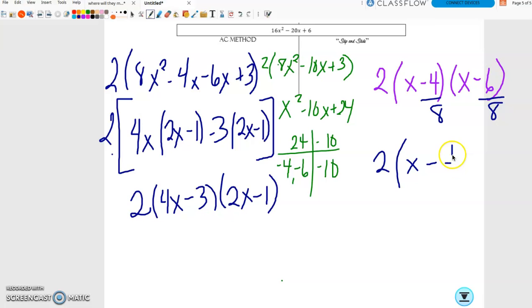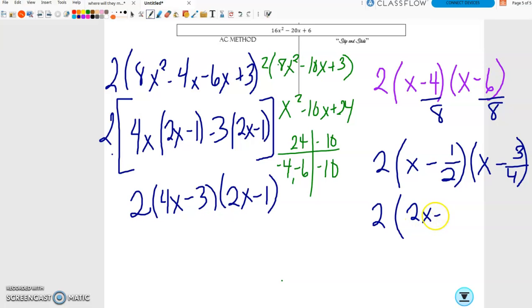So that's going to be x minus 1/2 and x minus 3 over 4. Now we're going to slide those coefficients back to the front because neither of those fractions can be simplified. So 2x minus 1 and 4x minus 3.